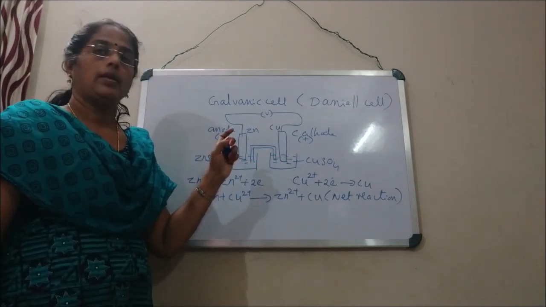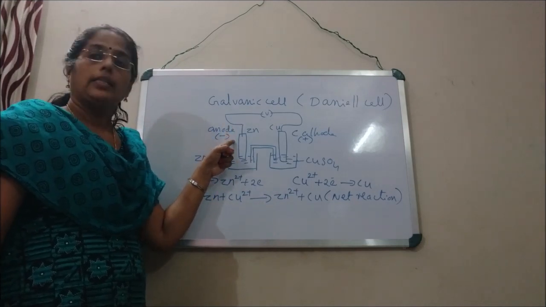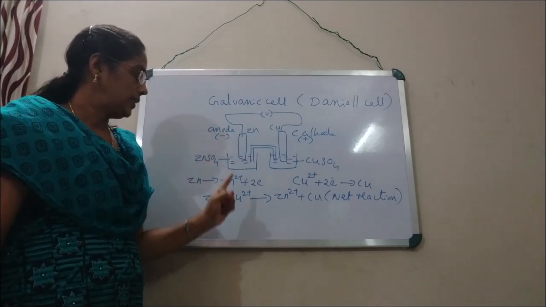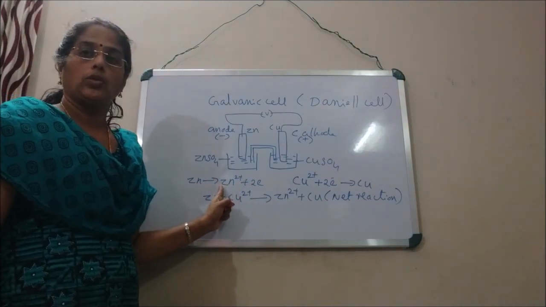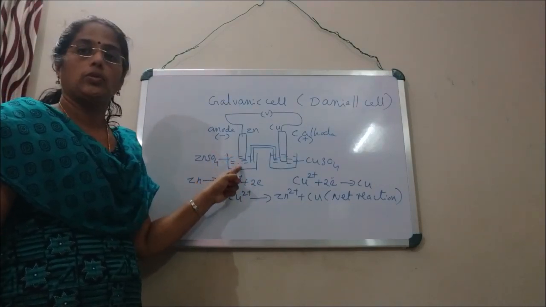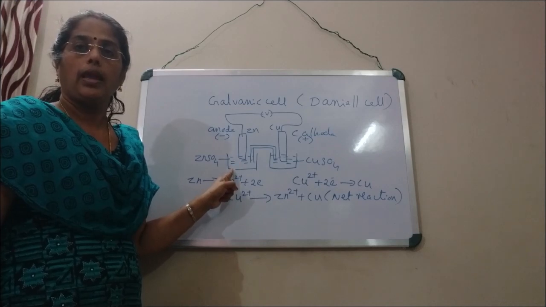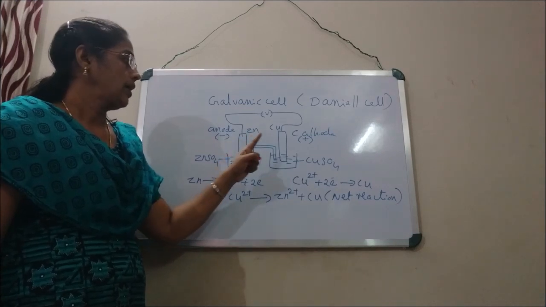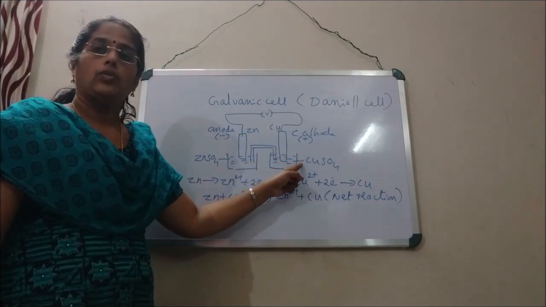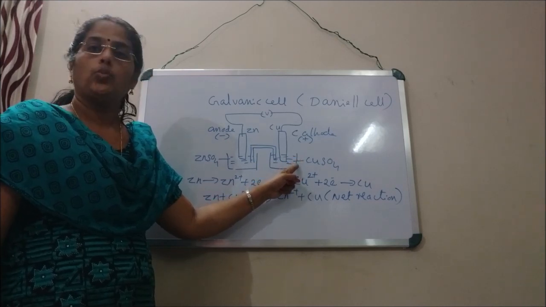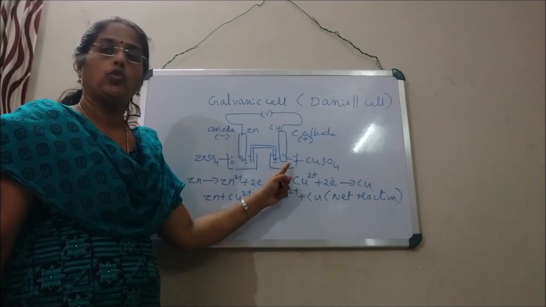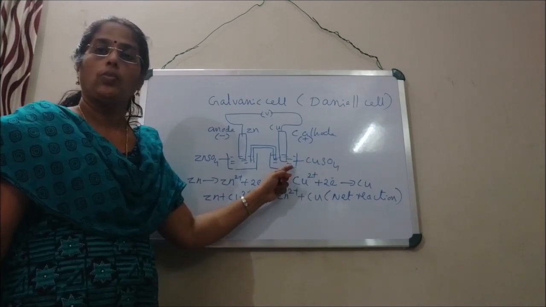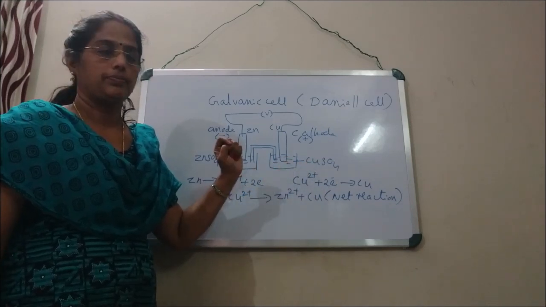That means in the anode, as we already said, zinc is undergoing oxidation and becomes Zn2+ ions. And those Zn2+ ions are accumulated in the anodic half cell. And in the cathodic half cell, since Cu2+ ions are gaining electrons and becoming Cu, SO4 2- ions are accumulated in the cathodic half cell.